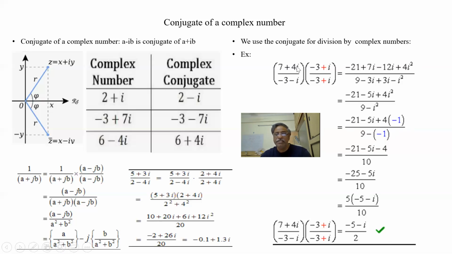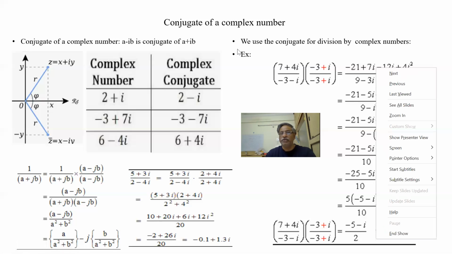If I had to represent this on the complex plane, I have to put minus 5 by 2 minus 1 by 2 i. This is the point, this is the vector of this portion. So I have simplified it by using the conjugate. That is why we need the conjugate of a complex number.